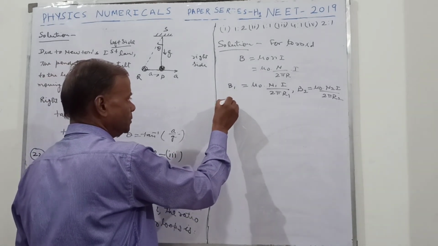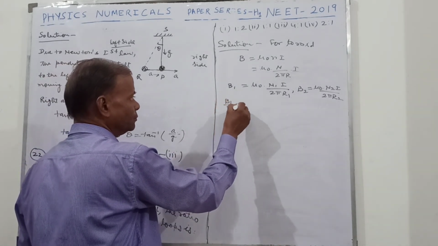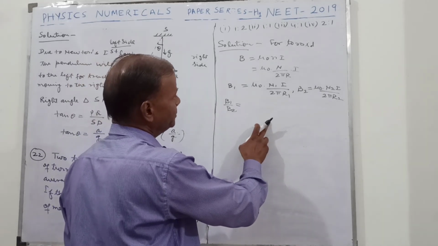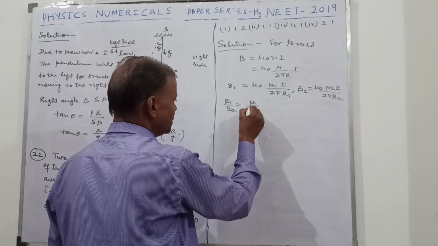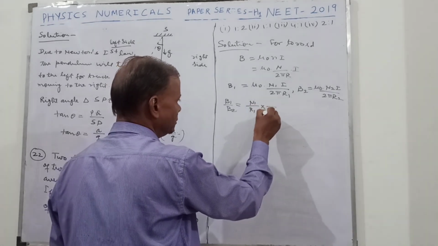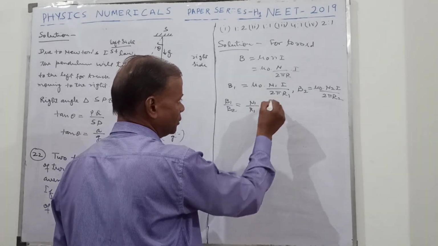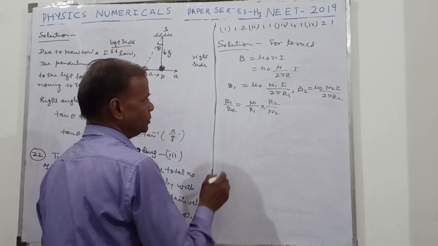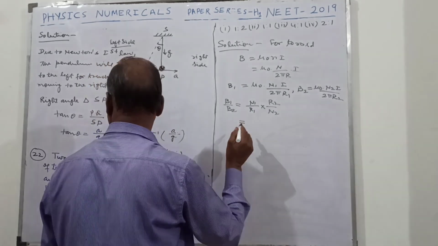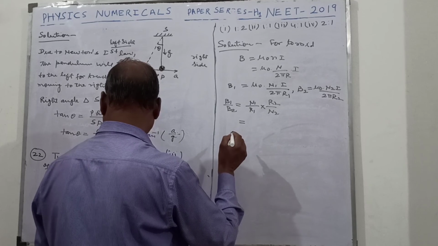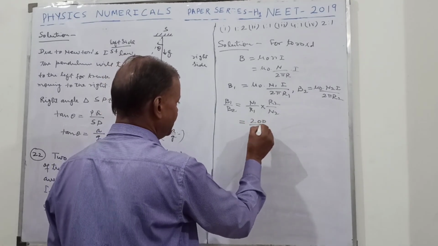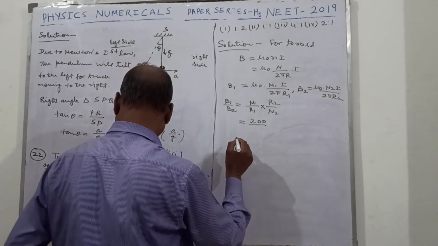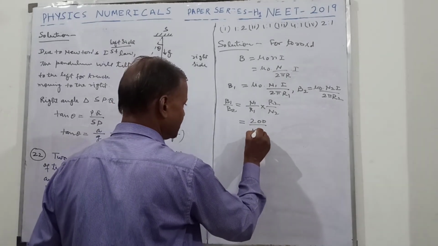So B1 upon B2. You see that all quantities will cancel except N1 upon R1 into N2 upon R2. Now you put the values. N1 is given as 200 turns and radius is 40 centimeter.